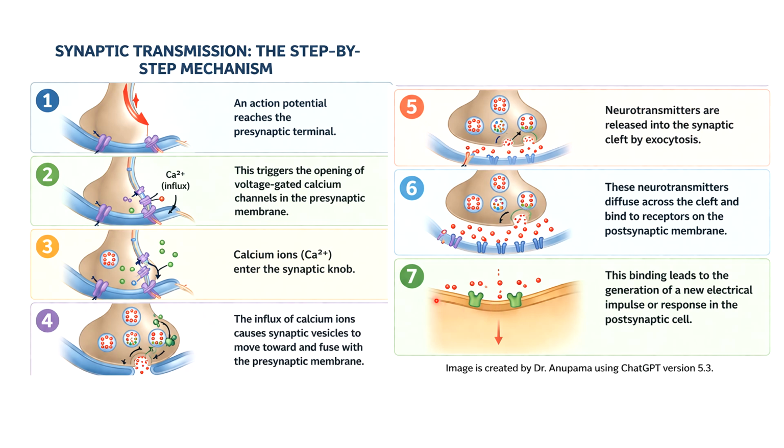This binding again will lead to electrical impulses or some response to be generated in the postsynaptic cell. As these bind to the receptors here, the action potential is again initiated here, and then some response is generated in the postsynaptic cell.